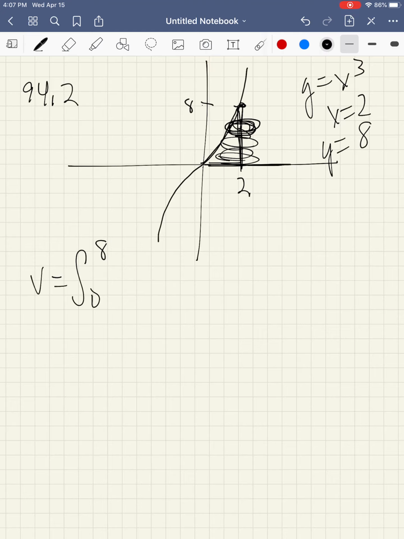Okay, so volume equals, what's the radius of one disk if we're going from y equals 0 to y equals 8? Remember the disks are like this, so that's dy. We know we have to have y as the variable.